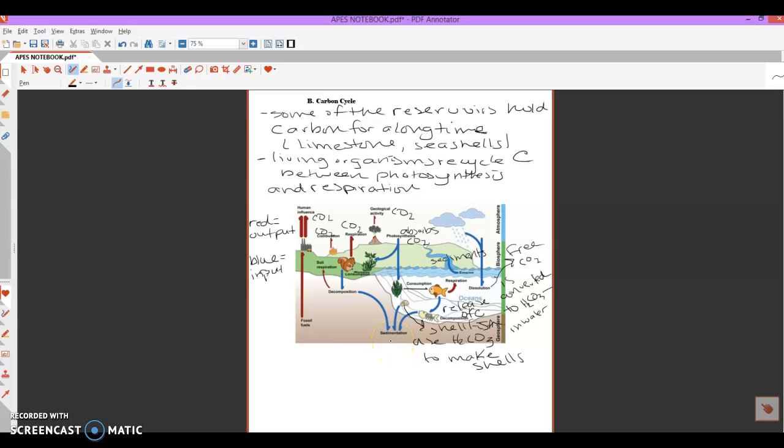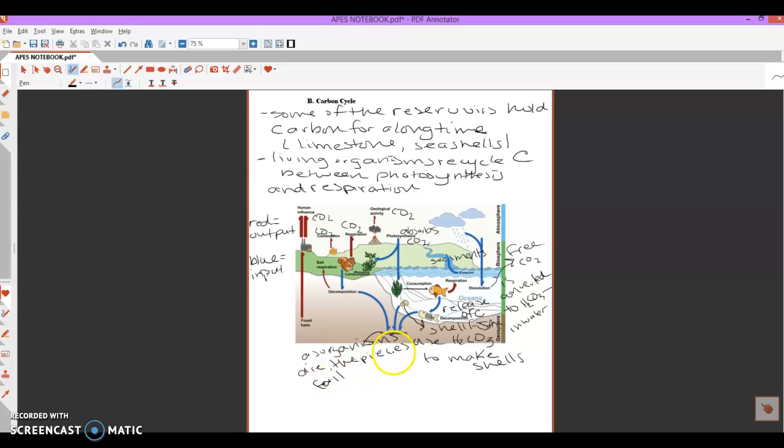Okay? So, let's put right here, as organisms die, the ocean floor, or the pieces fall to the ocean floor. This includes larger bodied mammals like whales too.